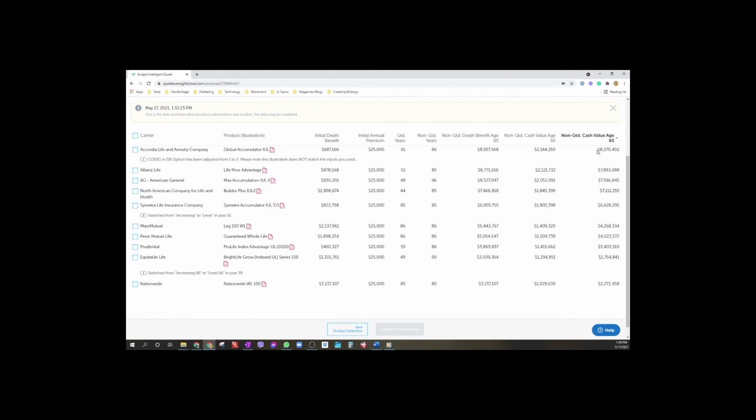Since our primary focus was on maximum cash accumulation for retirement and also a strong death benefit for our heirs to inherit that we'll plan to build later in our retirement, we go along those lines to choose all the criteria we base our comparison on.